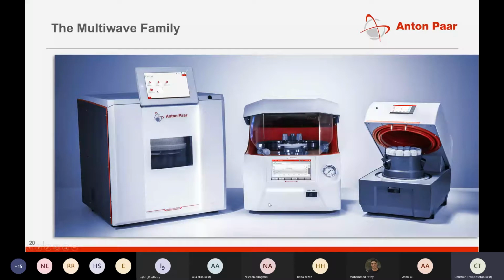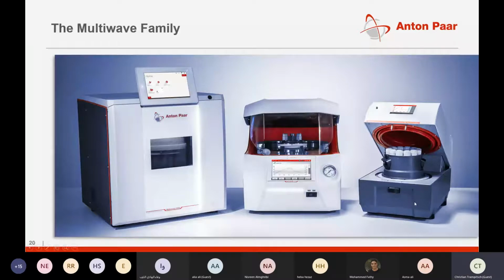We have a very special instrument, Multiwave 7000, which is more or less a microwave heated autoclave, which provides digestion. It's a completely different approach. I will explain to you later. And we have Multiwave Go Plus, which is similar, at least the vessel similar to one vessel type which can be used in Multiwave 5000, but it's much smaller and even, I would say, the most simple microwave system available on the market. Let's have a look into Multiwave 5000.